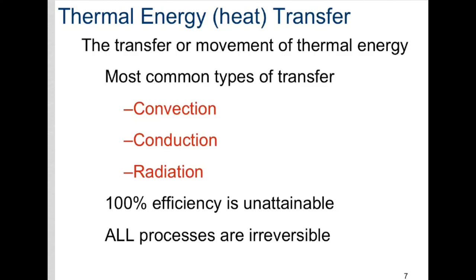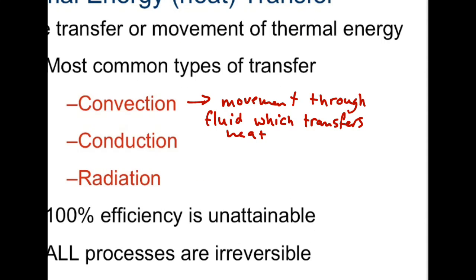So convection is movement through a fluid. It doesn't have to be air, it could be water. When something's heated up, it has more thermal energy and it expands because the particles are bouncing off each other more violently, so it's less dense. The cooler stuff is more dense because the particles aren't moving around as much. It falls towards the bottom, and the warm stuff is pushed up, mixing itself, which results in heat transfer.